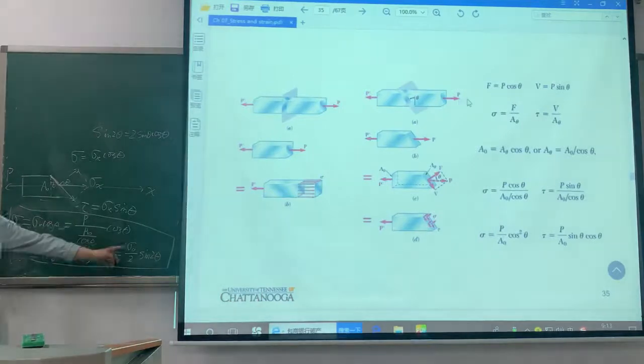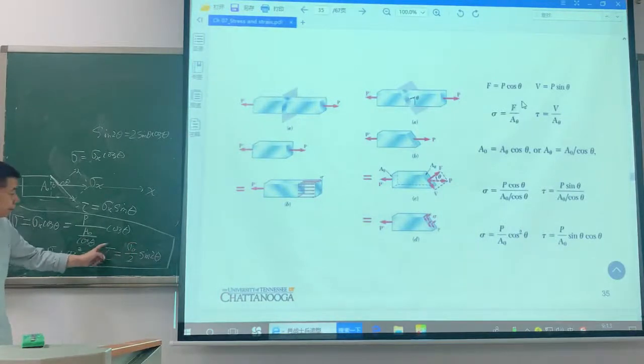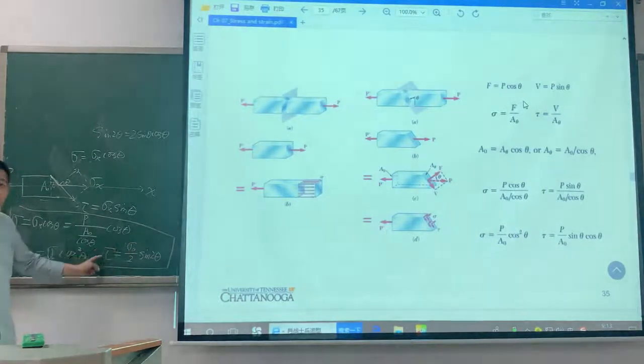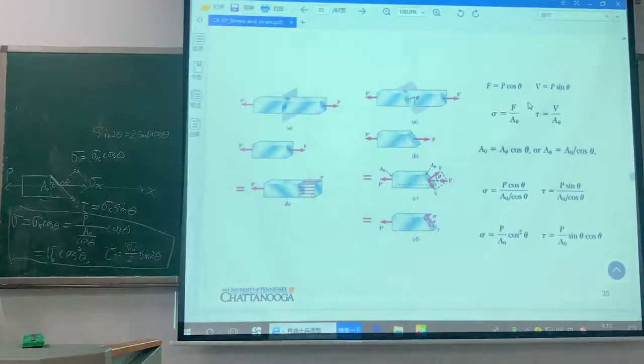If you know the normal stress on the cross section, we can find the shear stress on the oblique surface.